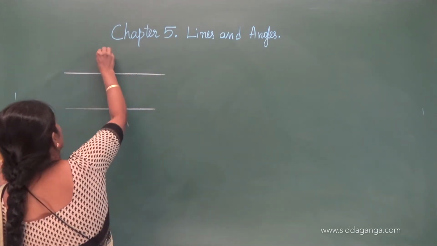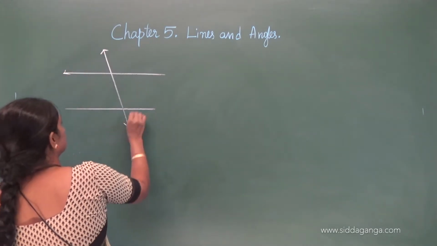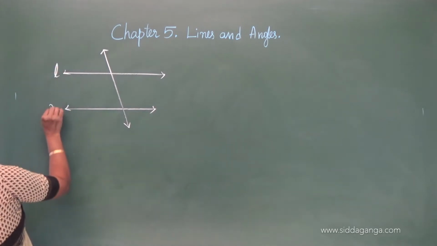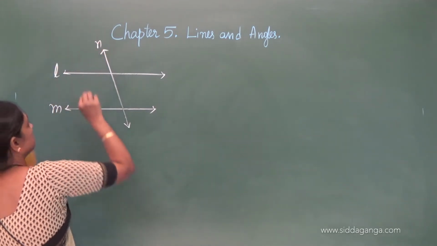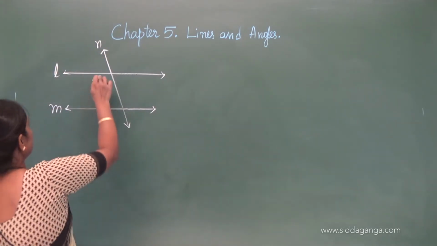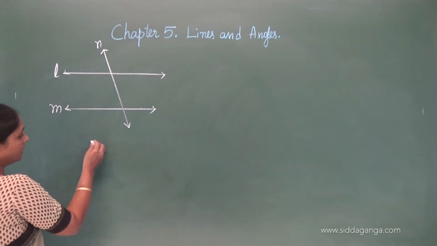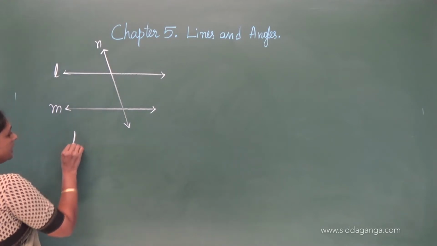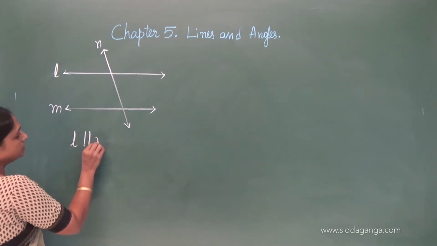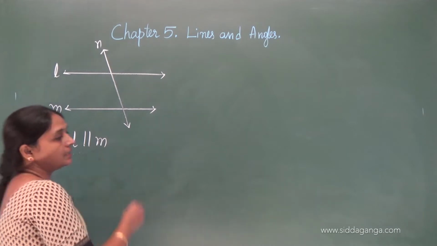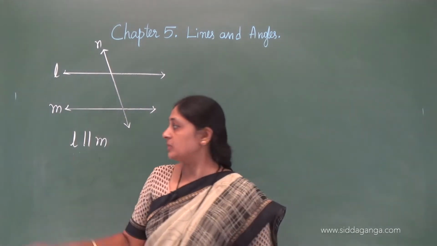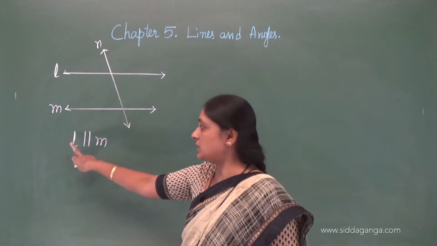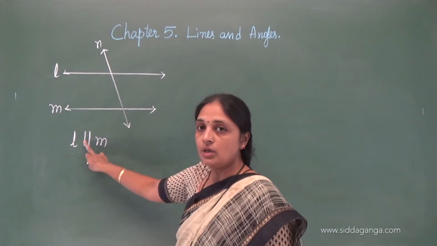Here L, M, and consider this one as N. Here L and M are parallel lines. This can be represented by a symbol like this: L is parallel to M. This symbol represents parallel to each other. L and M are parallel to each other.